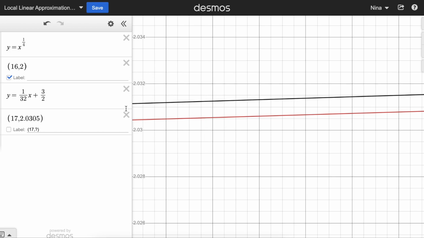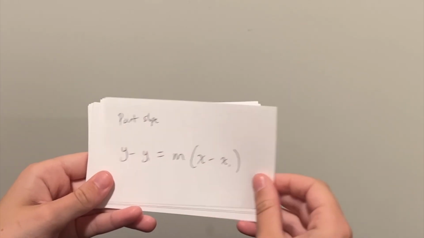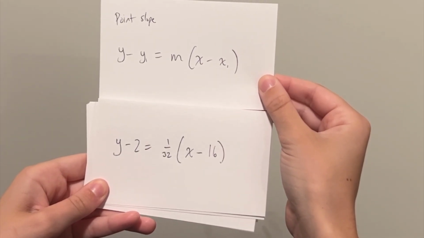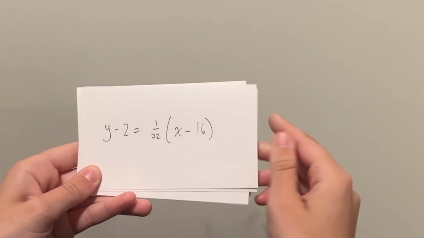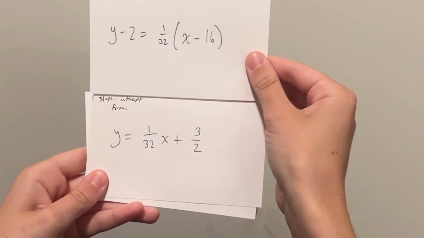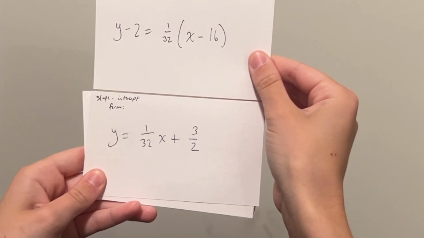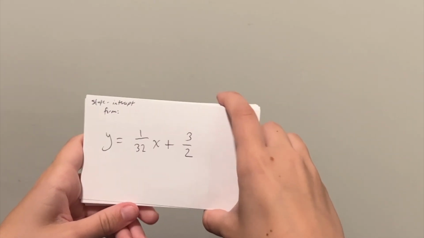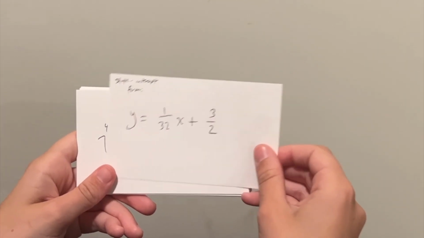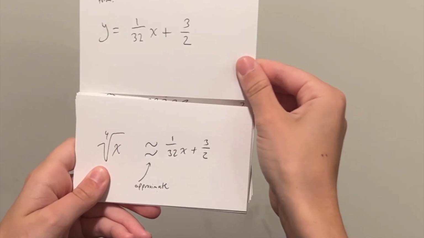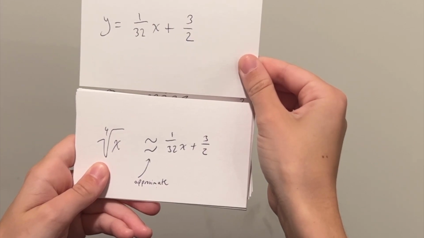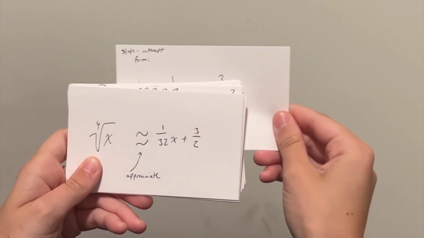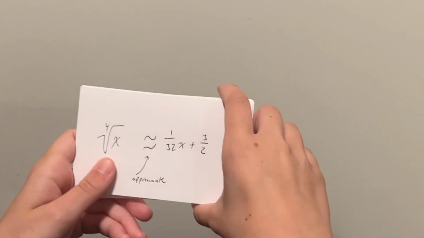Let's put this into point slope form. Here's what we have. What can be replaced into the y on the left side of the equation? Well, going back to the Desmos graph, at the x value 16, the tangent line and the parent function are equal. This means that to approximate the fourth root of 17, we can set the two equations almost equal to each other, or approximately equal, because, as we saw before, although the tangent line is very close to the graph of the parent function at 17, they are not exactly equal.